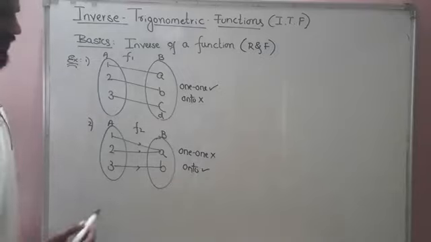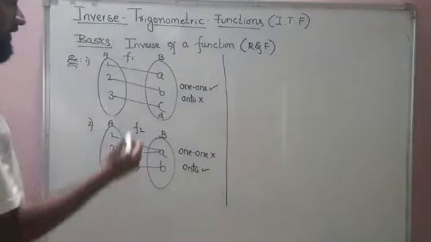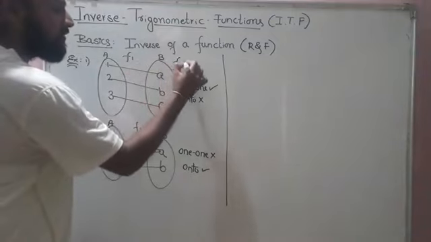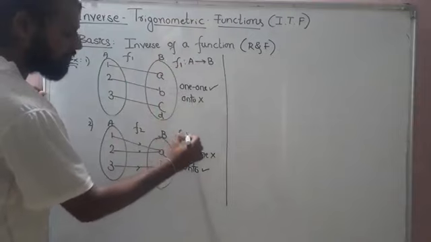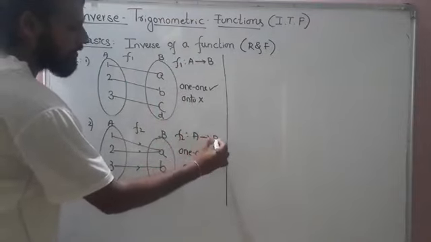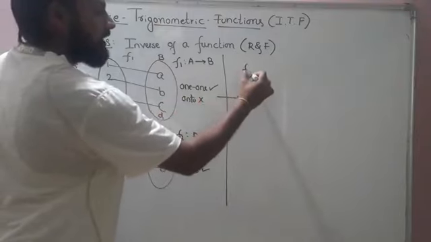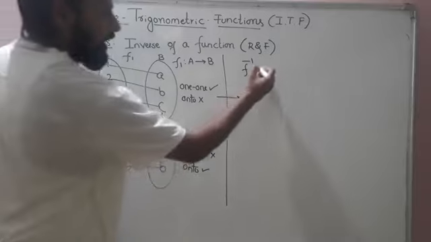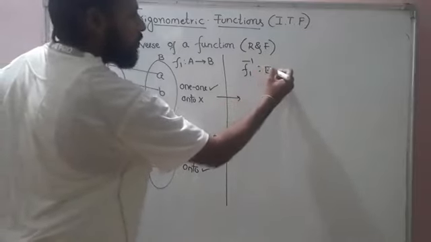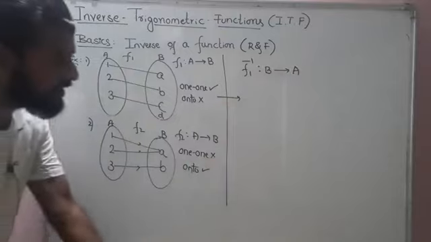Well, inverse of a function means, generally this is written as f1 from A to B, and this is f2 from A to B. Inverse of f1 means we write f1 with power -1, and we change domain and codomain. Domain and codomain have to be reversed.